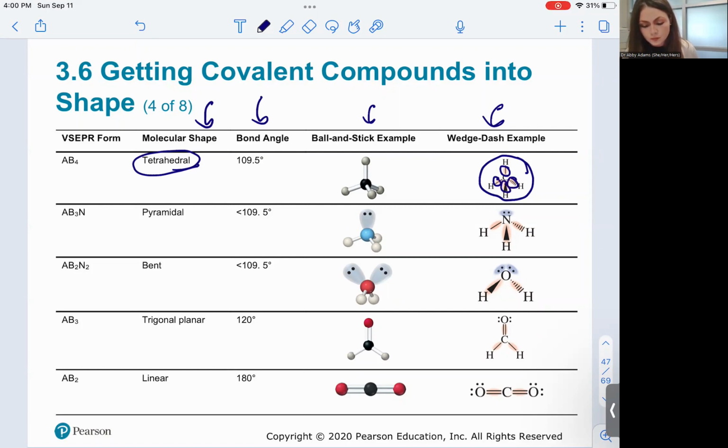All right. And so here you have NH3. And you're going to have instead only 3 areas of electron density, and 1 area of non-bonding electron density.